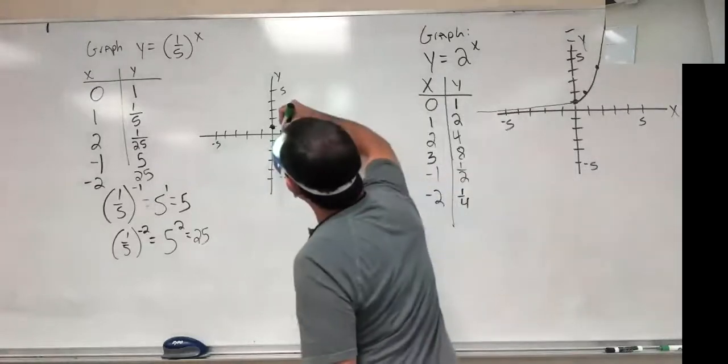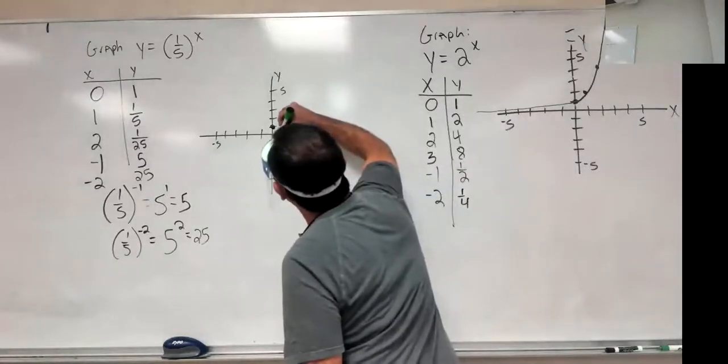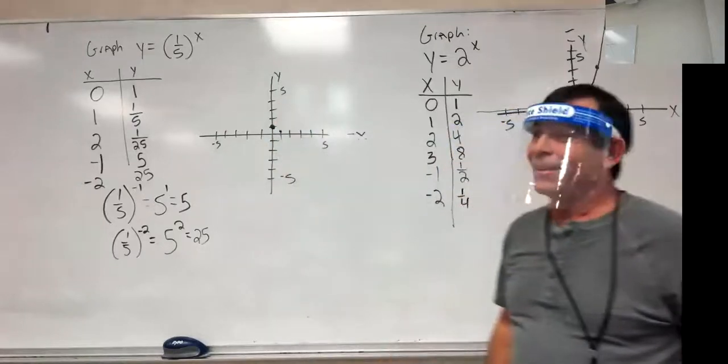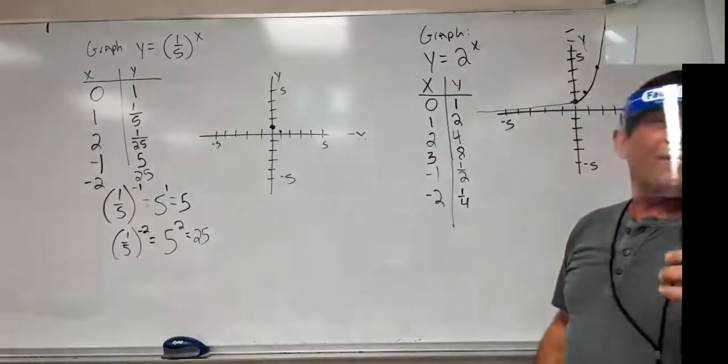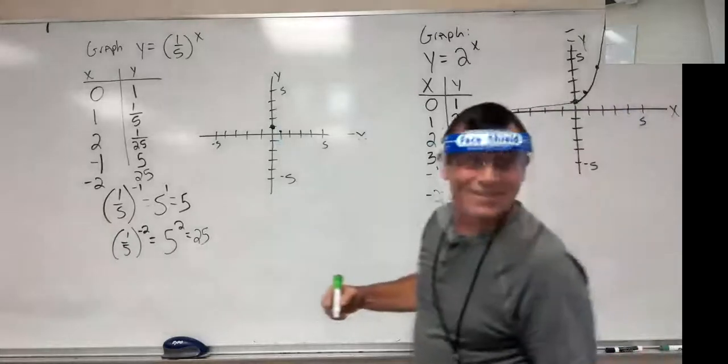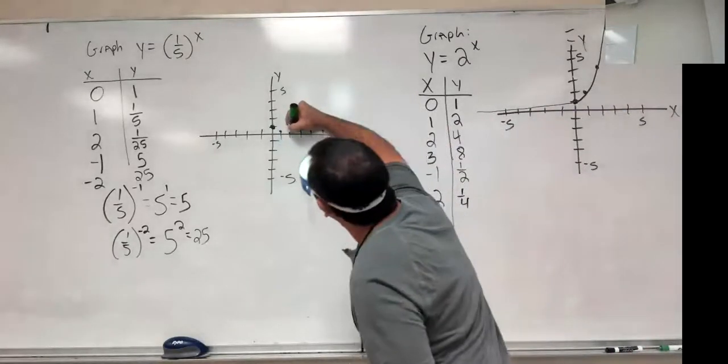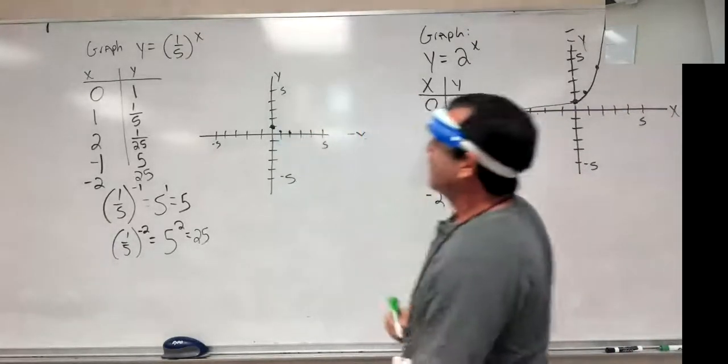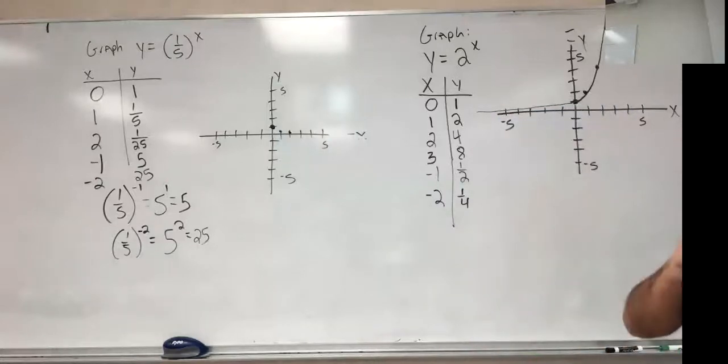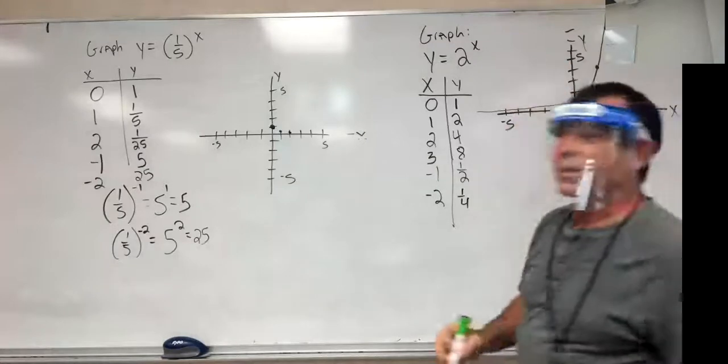And then over here at 1, I'm at 1/5, which is pretty close to the x already. And then at 1/25, that's pretty much on the x-axis, right? So all the fractions do basically is flip these around, almost like make the mirror of itself.